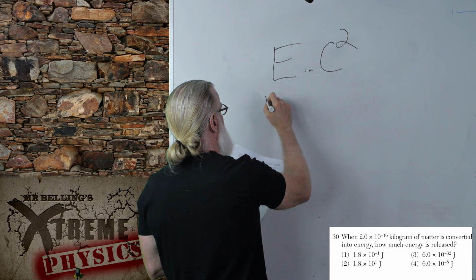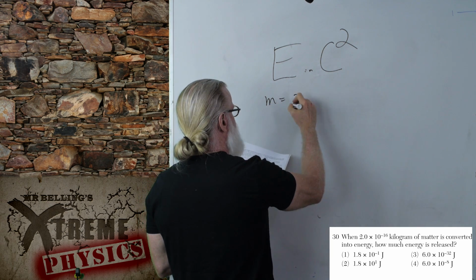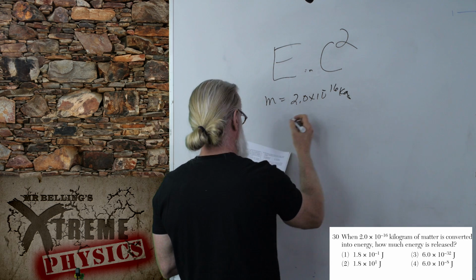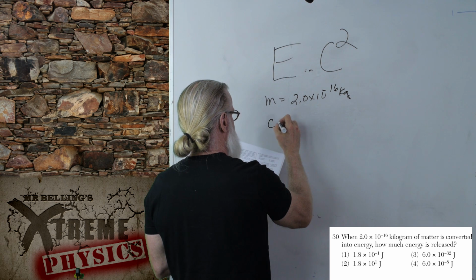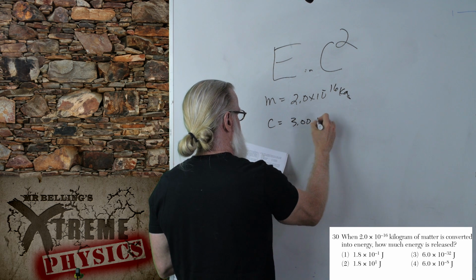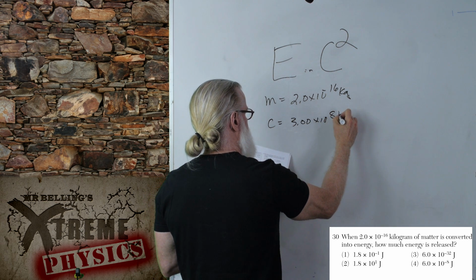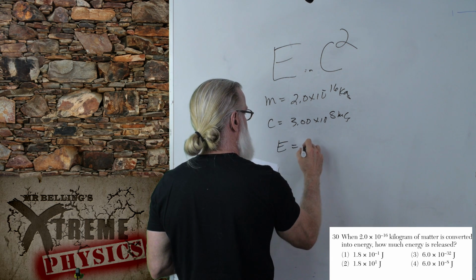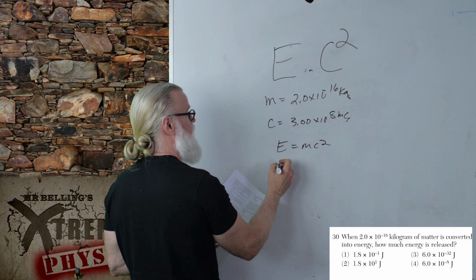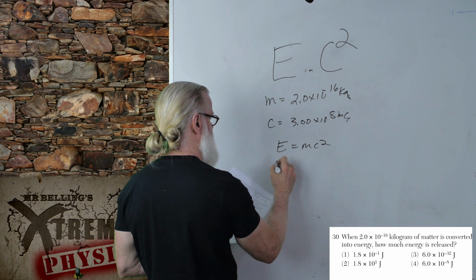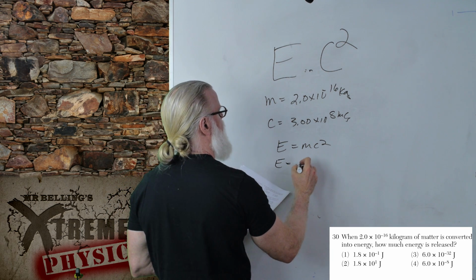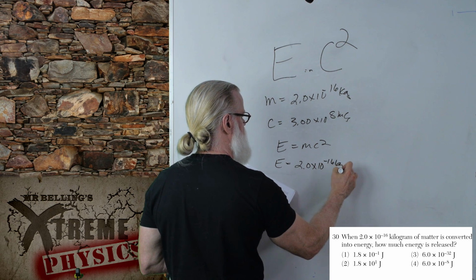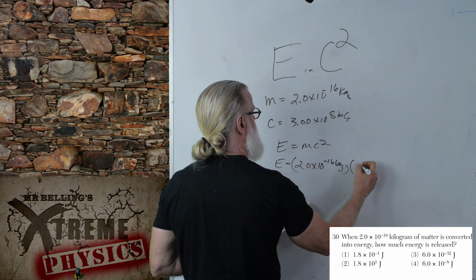All right. So we have a mass of 2 times 10 to the minus 16th kilograms. And c is 3 times 10 to the 8th meters per second. And we're going to take E equals mc squared, and we're going to calculate how much energy. 2 times 10 to the minus 16 kilograms times c squared.